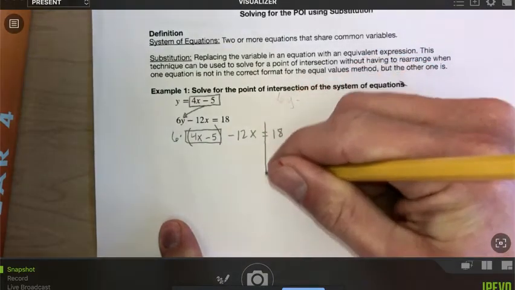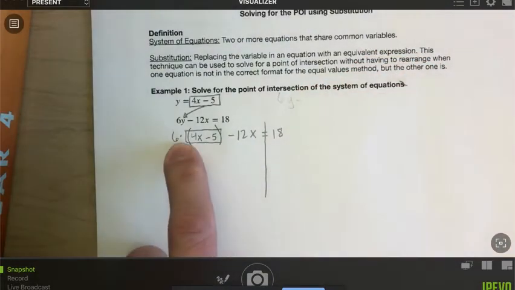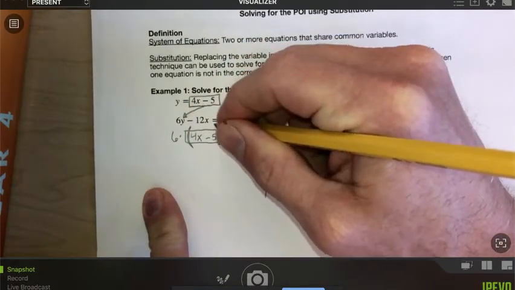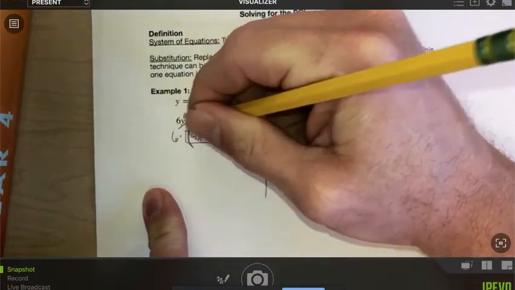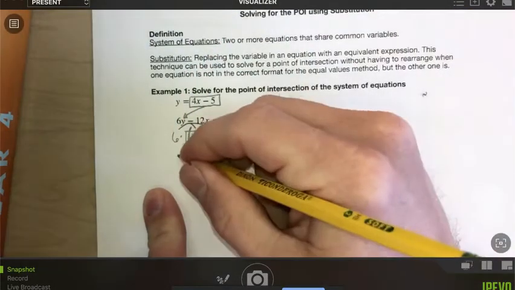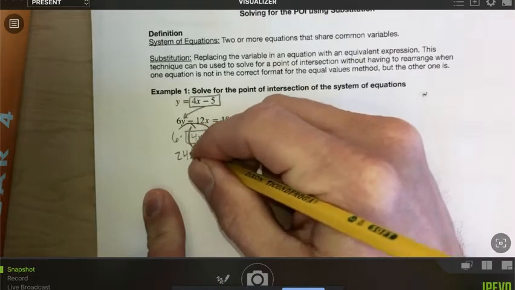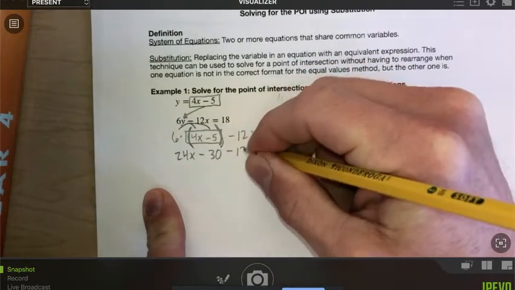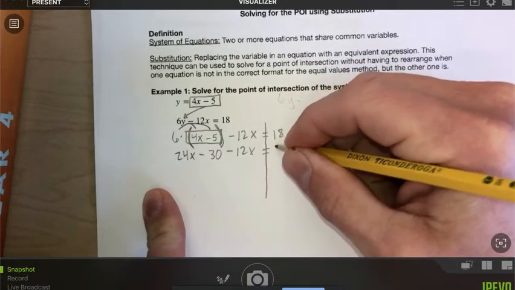Now notice how I have 6 times this stuff in parentheses. And so I'm going to do 6 times 4x, 6 times negative 5. And that's going to get me 24x minus 30 minus 12x equals 18.